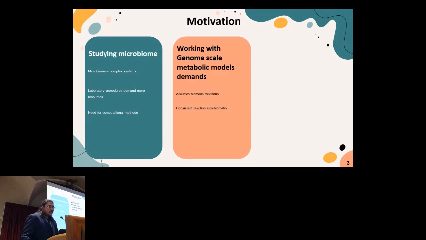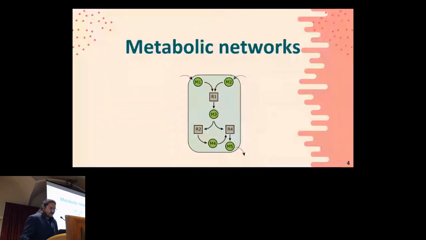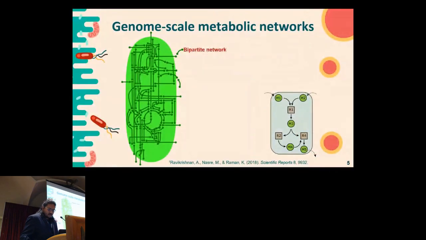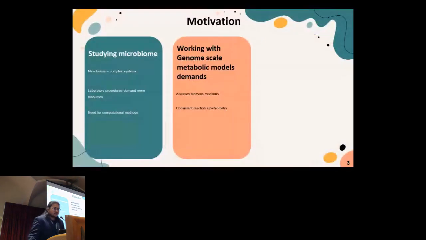So most of the computational approaches work with something called genome scale metabolic models. One of the problems here is that we need to curate these models in order to use them.